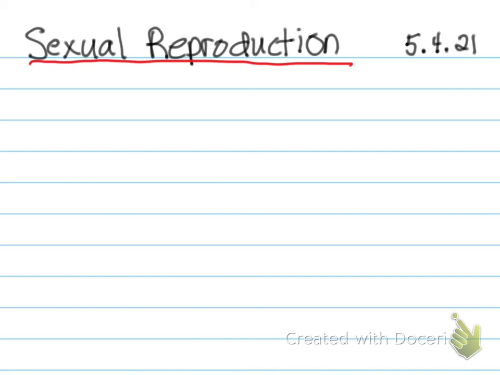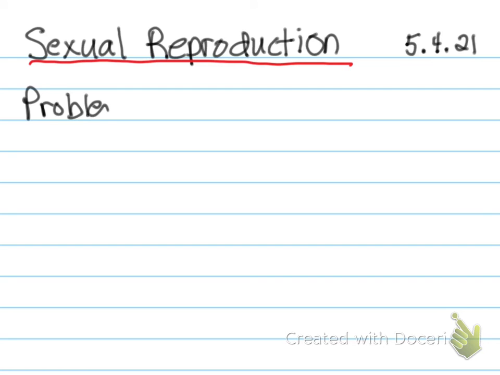We just talked about asexual reproduction, and I want to discuss it briefly to start. There is a problem with asexual reproduction, and we're going to write that down.